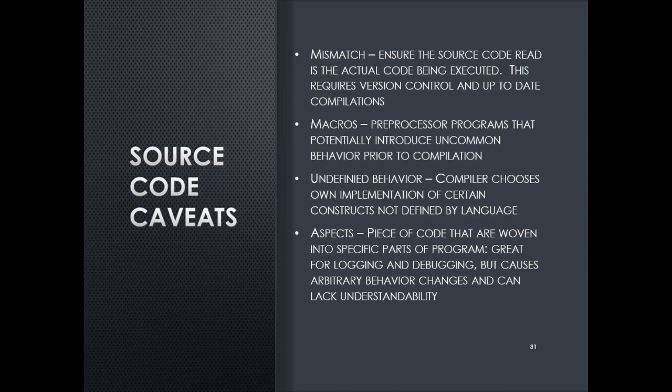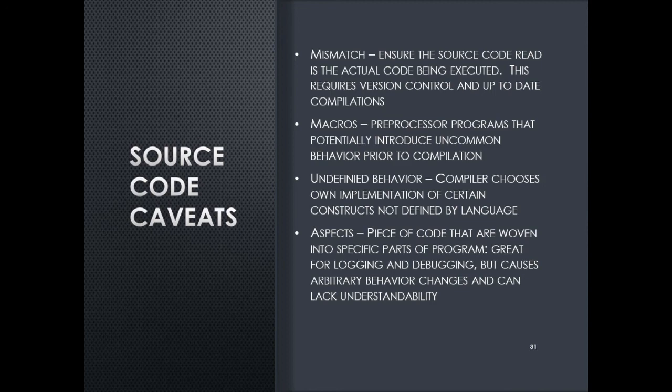When you're porting a program from one environment to another, undefined behavior sometimes crops up. Different compilers choose different implementations of certain constructs, and those might be defined in one environment that weren't defined in another environment. And so you may have programmed it on Linux, and it gets ported over to Windows, and some kind of undefined behavior crops up.